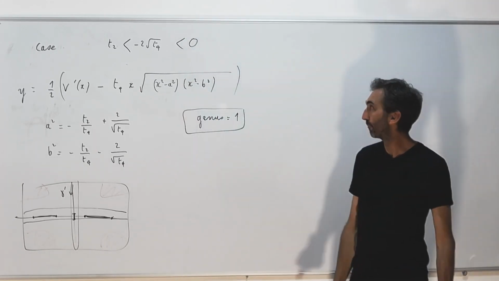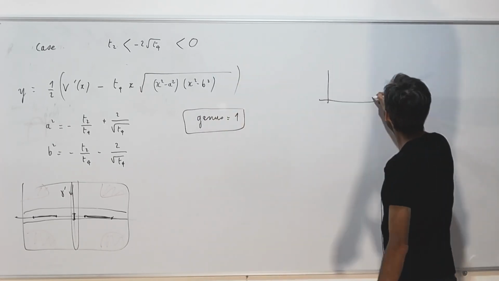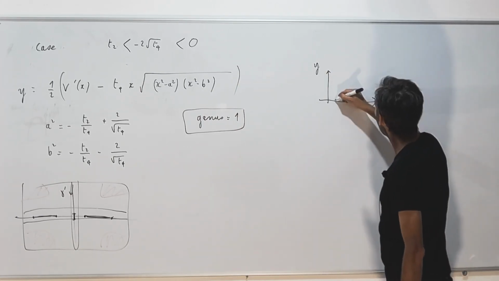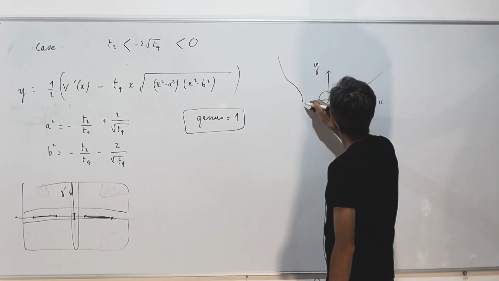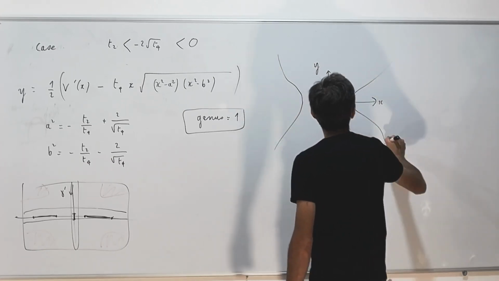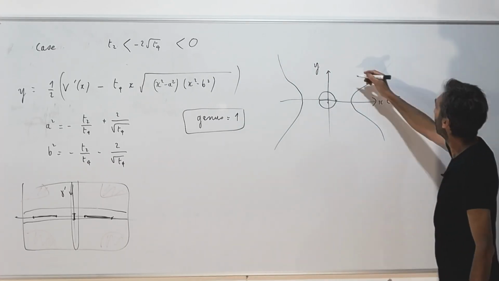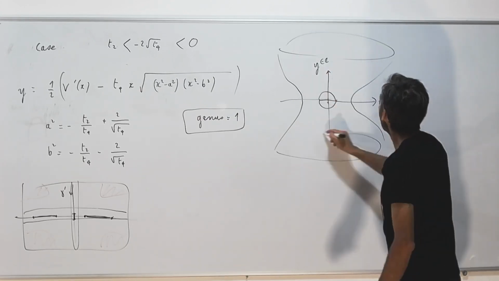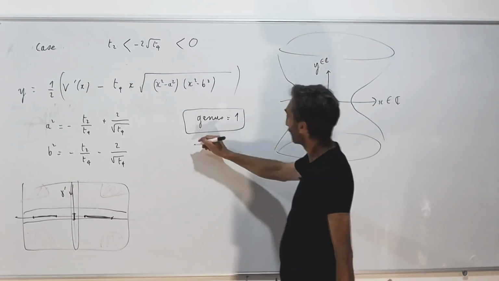So when you plot this curve in the xy plane, it will start looking like that. But if you replot it in C cross C, somehow it starts looking like that. And you see that it has the topology of a torus. There is a hole in the middle. It's a surface with the topology of a torus. This curve is a torus.